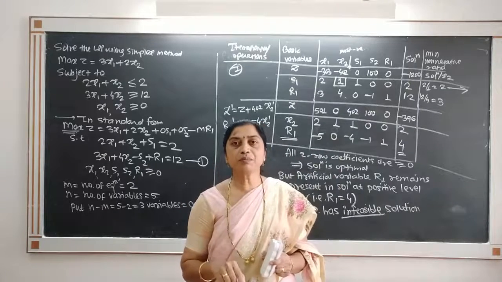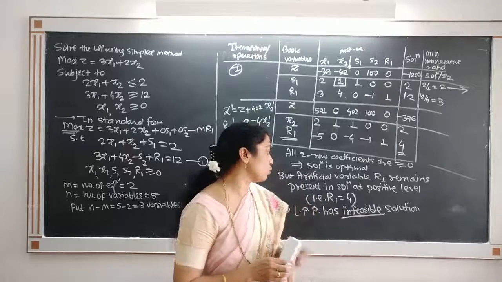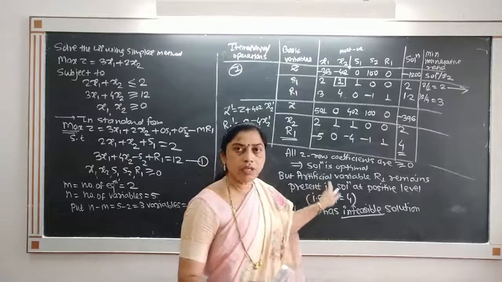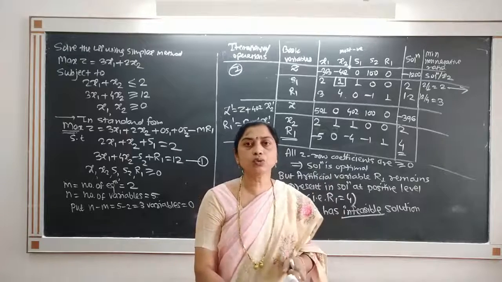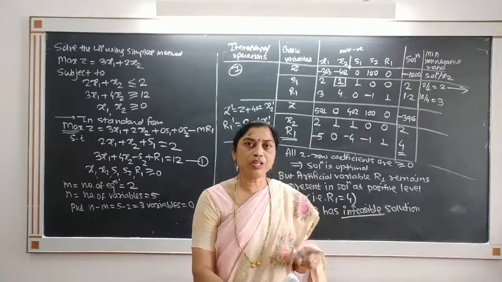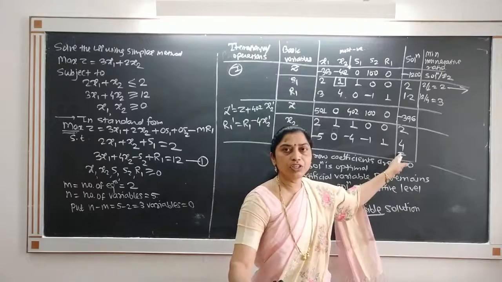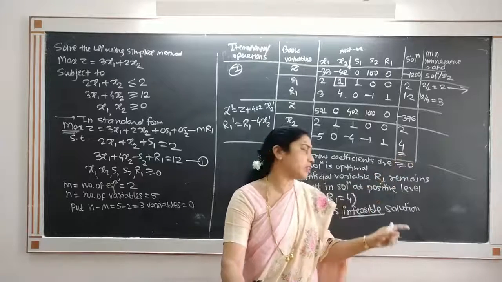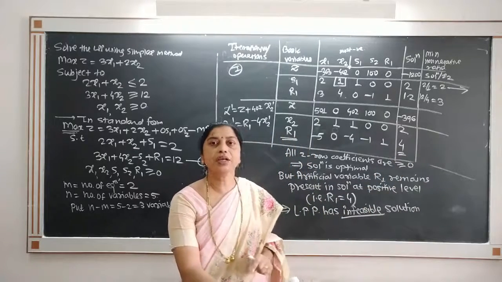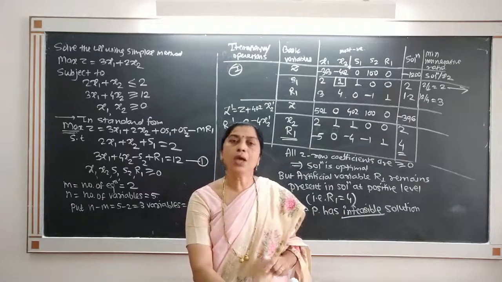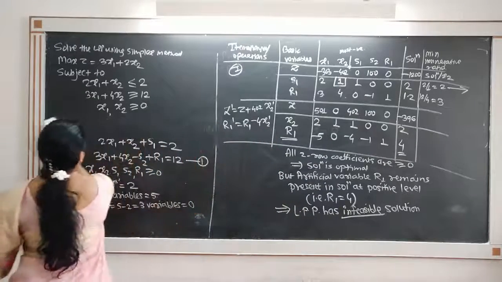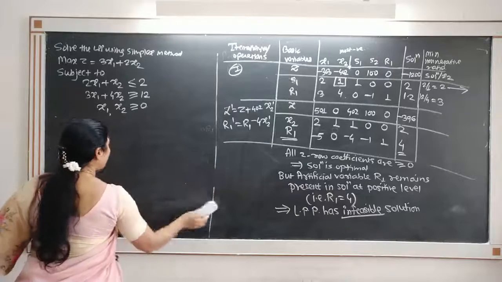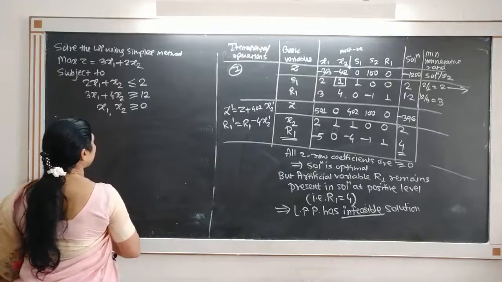So by simplex method, if any of the artificial variables remains present in the solution at positive level, that is having positive value in the solution column, it implies that the LPP has infeasible solution. Even though you solve this problem by graphical method, you will observe that there is no feasible region.